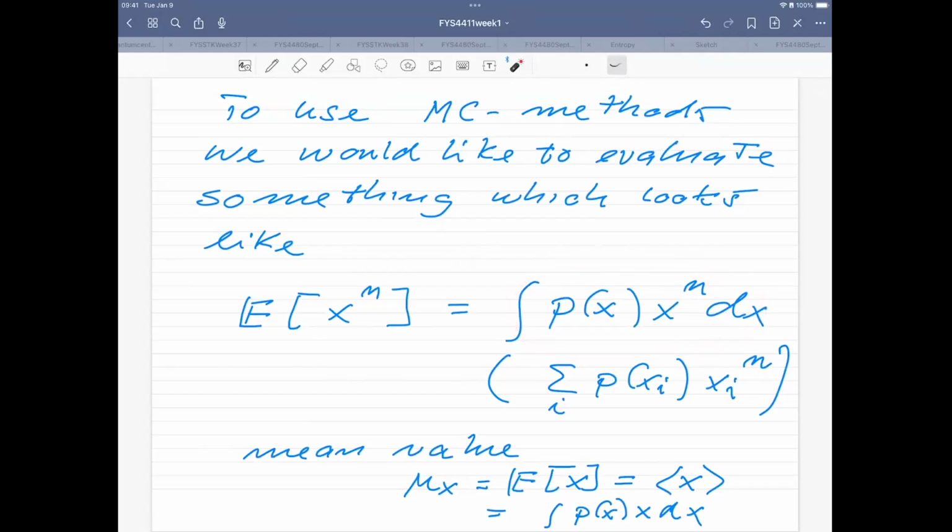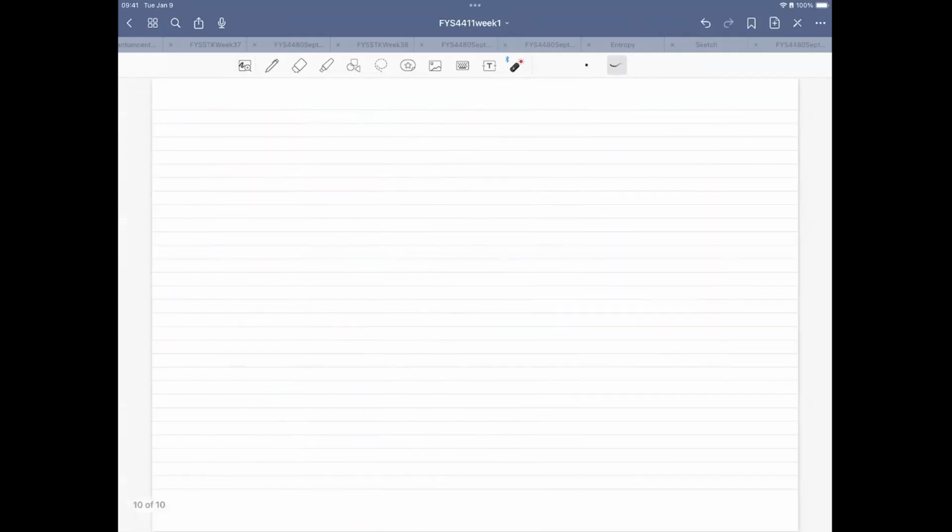But if you look back at Schrödinger's equation and for the wave function and also the expectation value of the energy, it doesn't look like this. So what we do then is the following. We're going to define the probability distribution. It's a PDF.